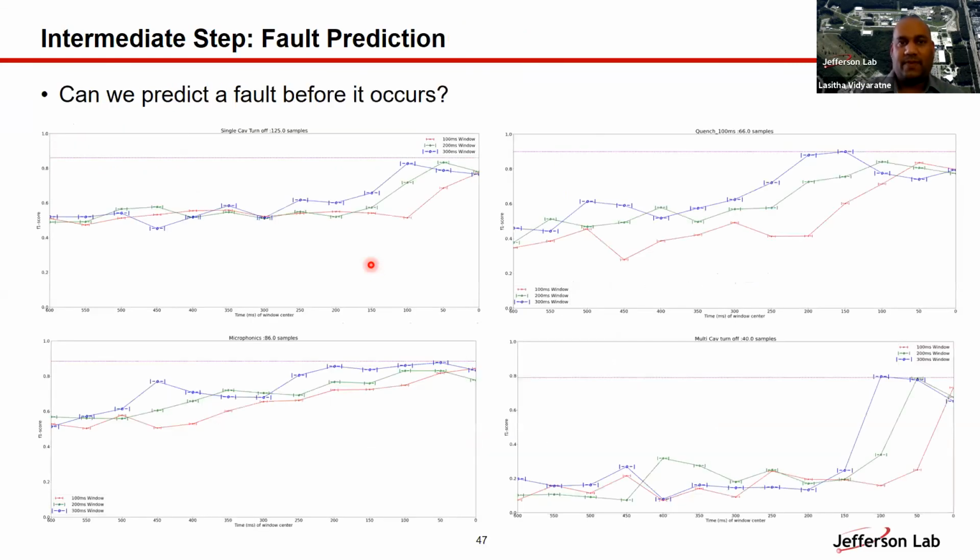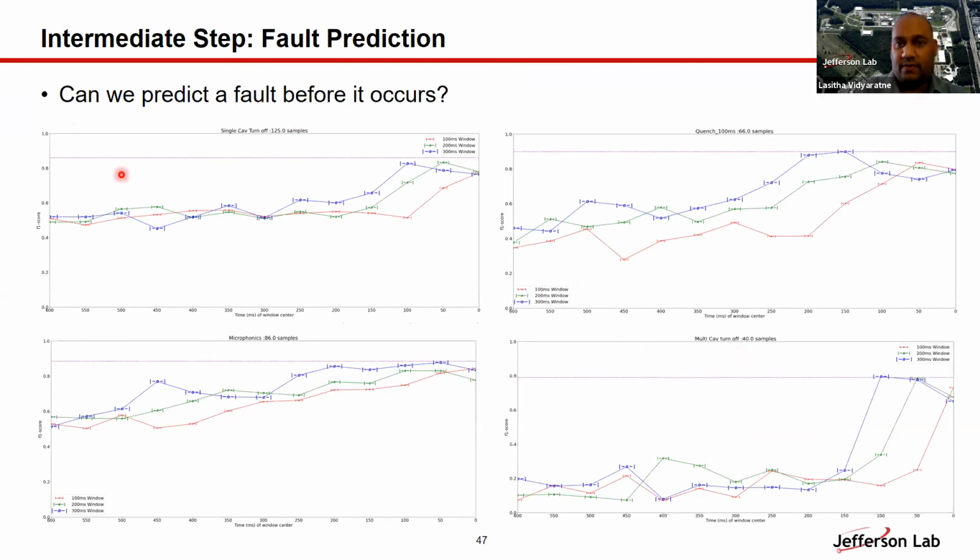With that experiment, we got some performance results as an intermediate step for fault prediction. So we're trying to predict a fault type before it occurs. These are the graphs that we got, and we've separated the graph for each fault type here, starting from single cavity turnoff, quench 100 milliseconds, microphonics, multi-cavity turnoff, and so on.